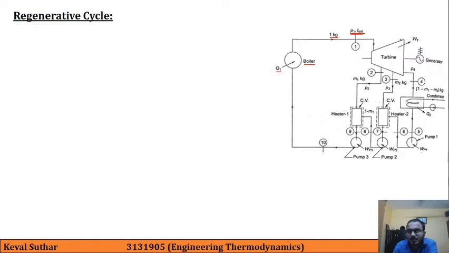Now the difference is coming over here in turbine, that here we are taking some of the steam out of this 1 kg into heater 1, and then another M2 kg into heater 2, and as we keep on moving, the quantity of steam keeps on reducing, that is the mass of steam keeps on reducing as it is passing through these turbines. And then the minimum steam is going into condenser and then going into heater 2 and heater 1 one by one. So let's focus over here.